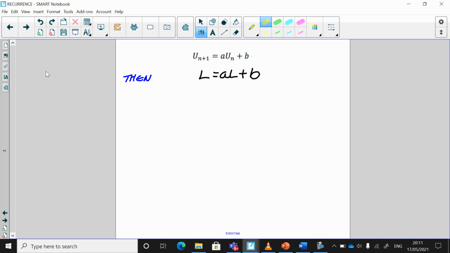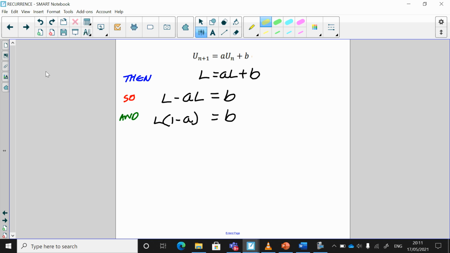But there's two occurrences of L here. We need to get L on its own. So we'll get L and we'll get AL on the other side. So we need to bring anything that's got L in it onto the one side. I've taken it over there. So now I need to isolate L. So I need to factorise. Take out the common factor L. So we get L times 1 take away A times L. Take out L. You've got that there.